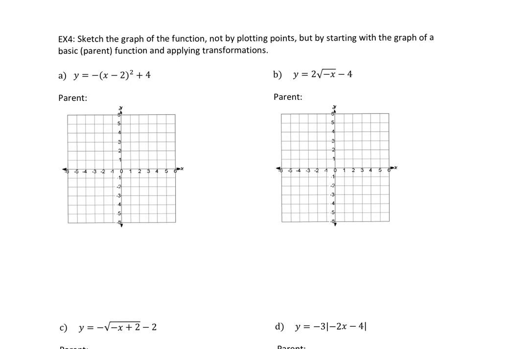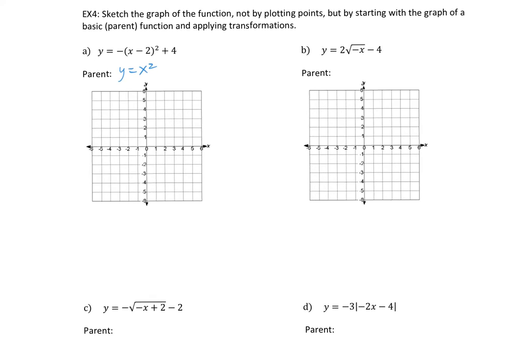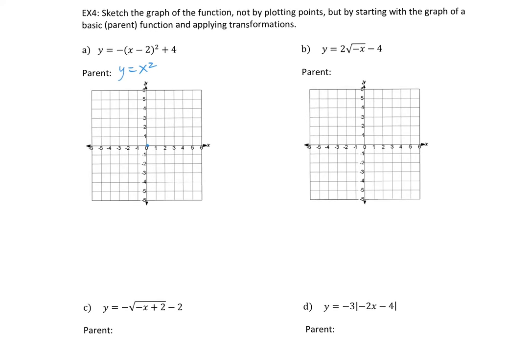So if we take away all these minuses and pluses and all the numbers, we have our parent graph, which is simply x squared. And I know how to graph that. It'll pass through 0, 0, 1, 1, 2, 4, negative 1, 1, and negative 2, 4. We should all be very familiar with these graphs that we keep graphing over and over again.